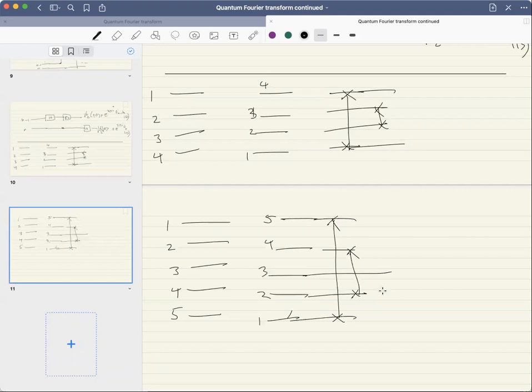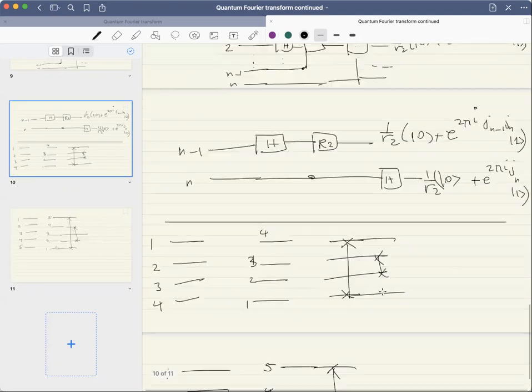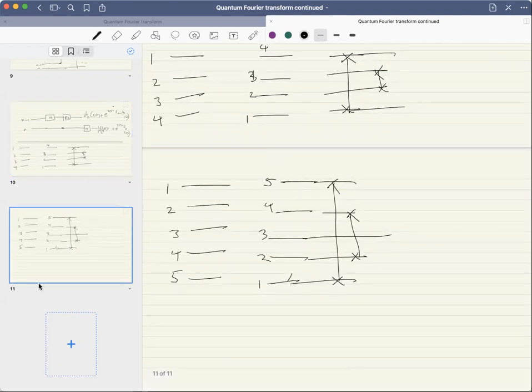A linear number of swaps in the number of qubits would fix the order. So we have a complete algorithm that performs a Fourier transform on an n-dimensional space.